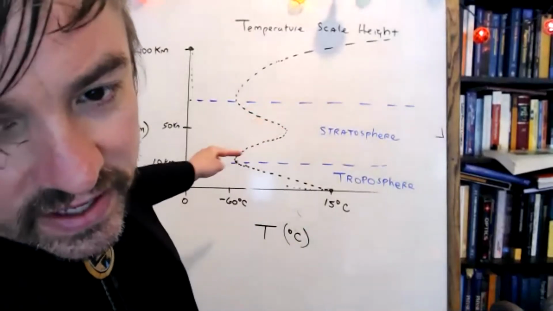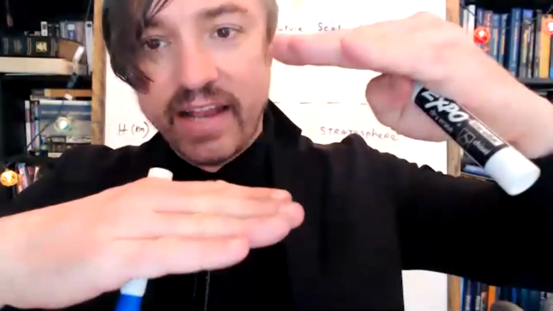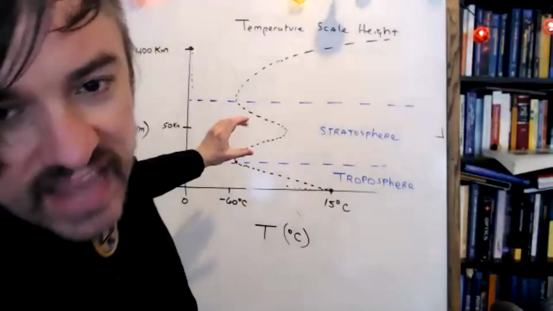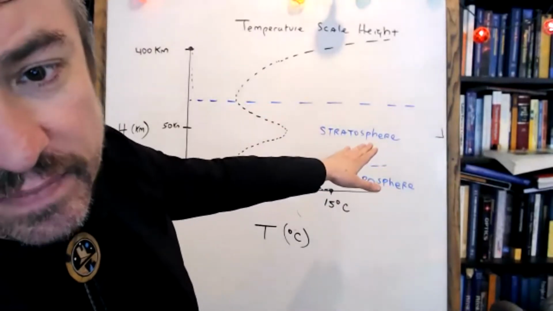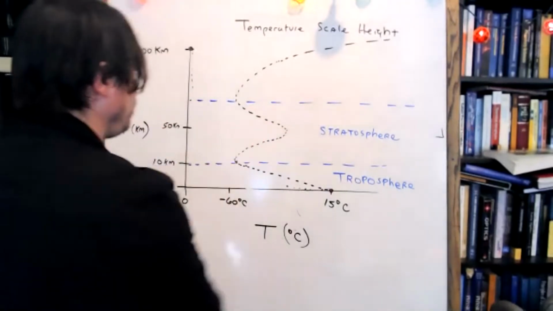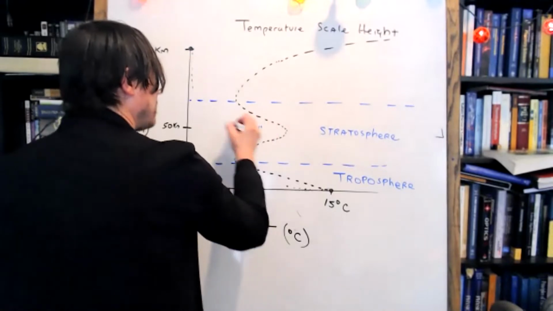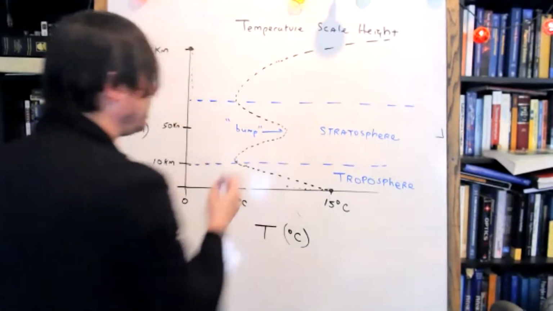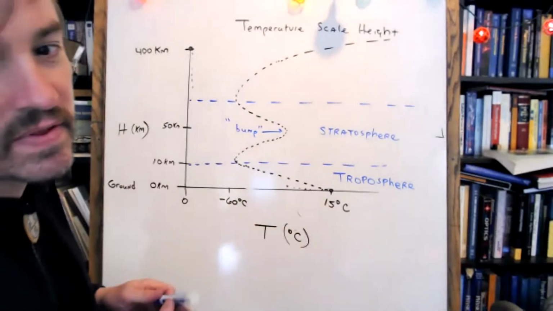When warm air sits on top of cooler air, the atmosphere becomes very stagnant and no convection can mix the air up. This stagnant layer of Earth's atmosphere has a lot of important science going on in it. And in addition to this layer being called the stratosphere, this little feature here is what planetary scientists refer to as the stratospheric bump. And in some ways, it's considered an indication that living organisms exist on the planet.